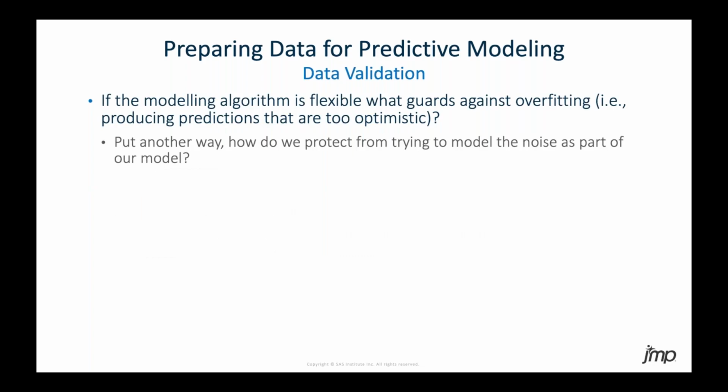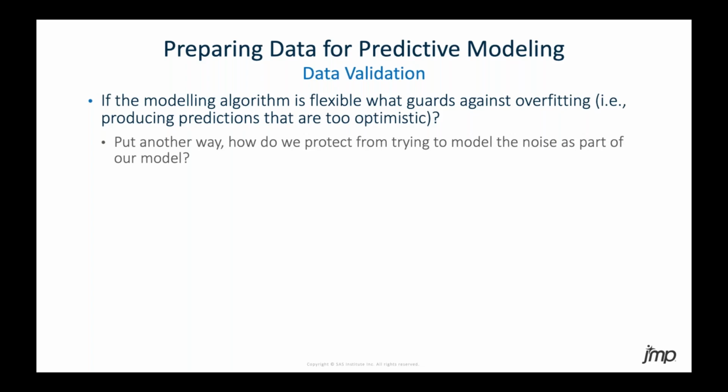The second topic I want to talk about is data validation. One of the issues with predictive modeling is that I'm often going to rely on a modeling technique that's very, very flexible. With a very flexible technique, one of the things I need to guard against is overfitting the data. Think of that in another way.